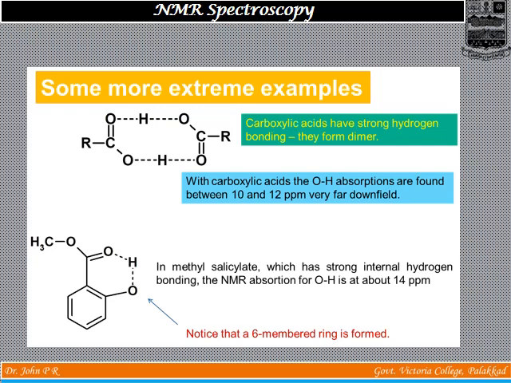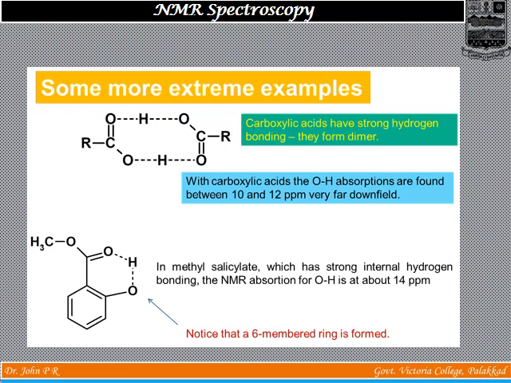So this alignment will make the phenolic hydrogen absorb at nearly 14 ppm. Almost the same is the case with enolic hydrogens. They also appear at 13 to 15 ppm.